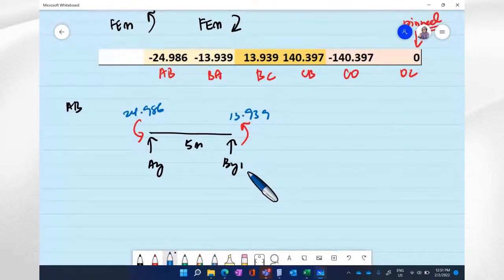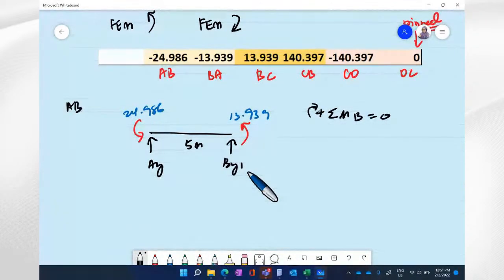By using static equilibrium, just like we analyze a simply supported beam, we can take moment at one end and find the vertical reaction at the other end. So let's say I choose moment at B, which is equivalent to 0.